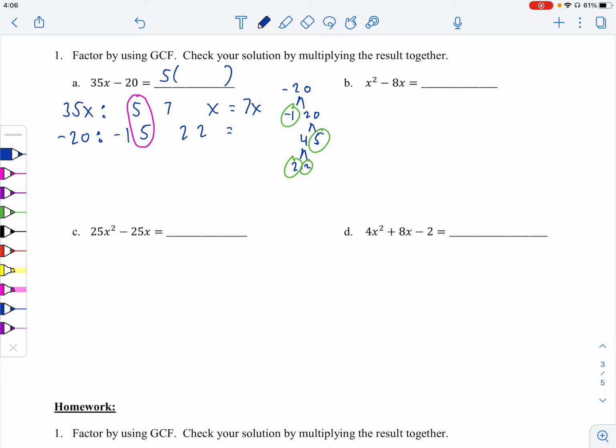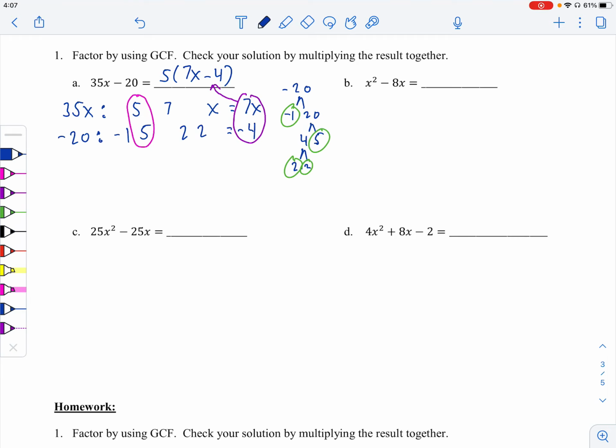What's left over here? We have negative 2 times 2, which is negative 4. And that is what we write in our parentheses. So that's 7x minus 4. That's what's left over.